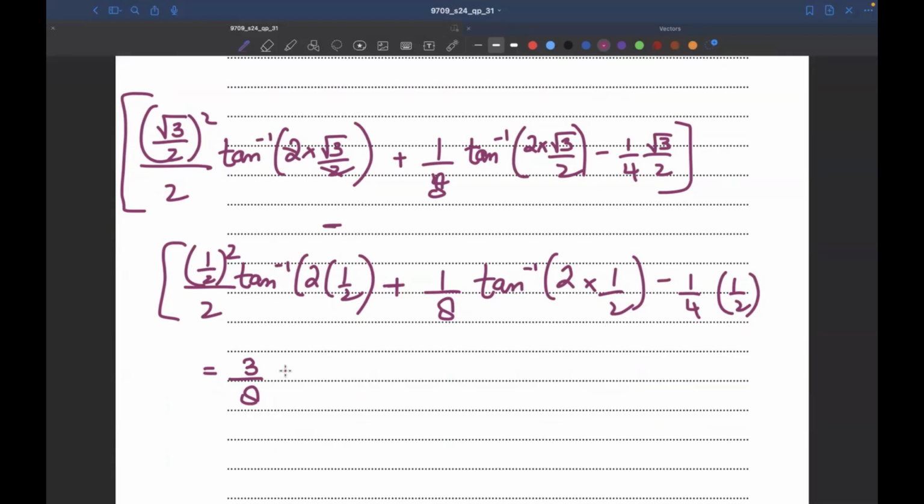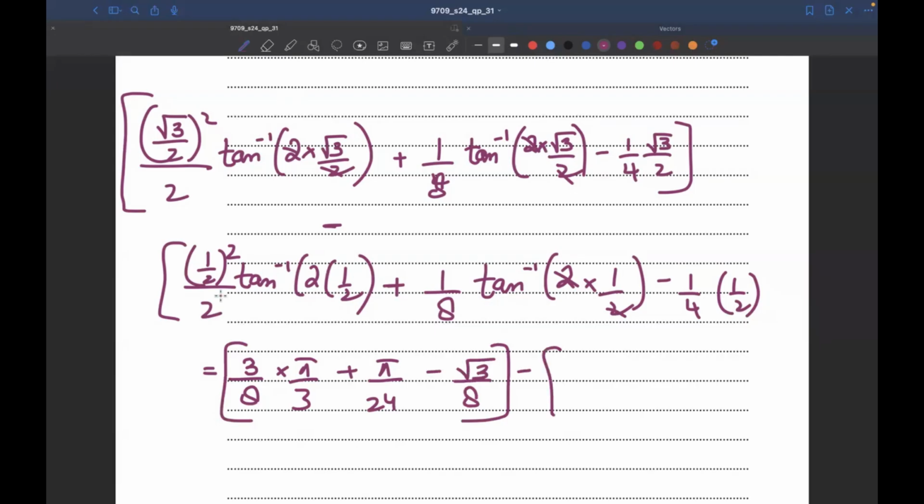So this will become pi upon 3 plus, 2 and 2 will cancel out. Tan inverse of 1 is pi upon 4. So that will become pi upon 32. Okay, sorry, I mixed it up again. This will be tan inverse of root 3 again. So tan inverse of root 3 is pi upon 3. So that will become pi upon 24 minus root 3 upon 8.